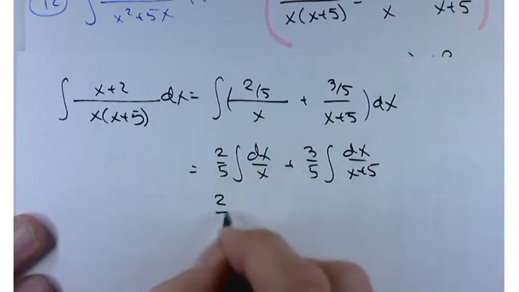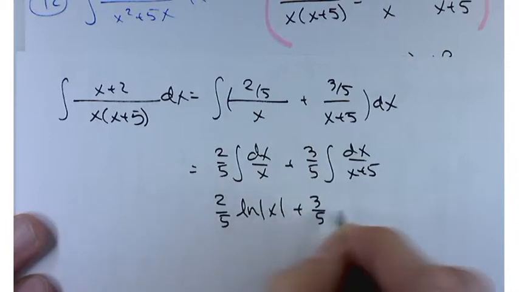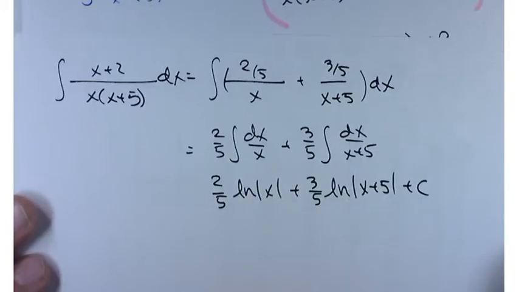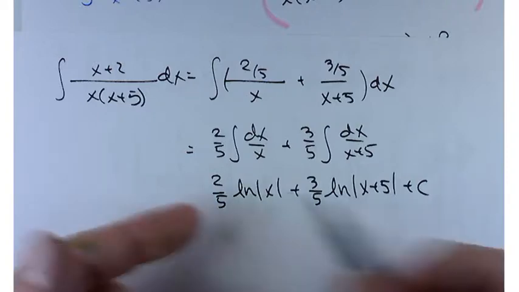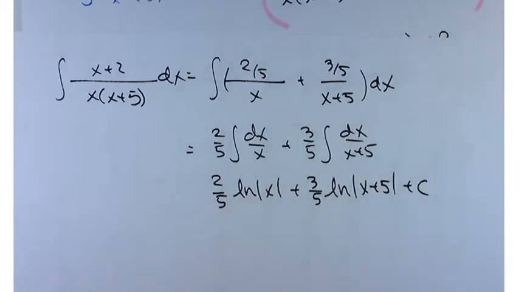So it's 2/5 ln of x plus 3/5 ln of x plus 5 plus your constant. And again, you can play with this a little bit and clean it up. I'm not so worried about that as I am about you getting this far, getting the partial fraction decomposition.